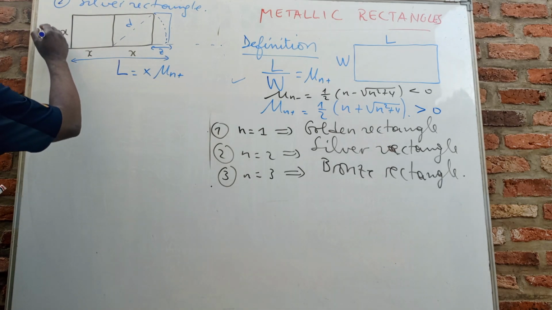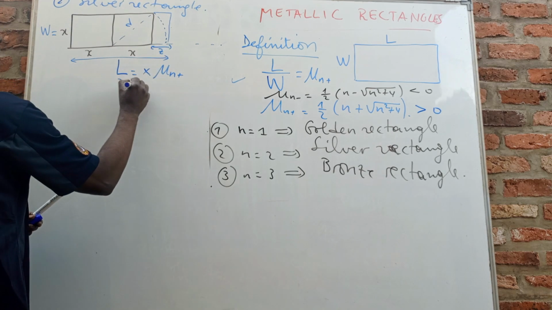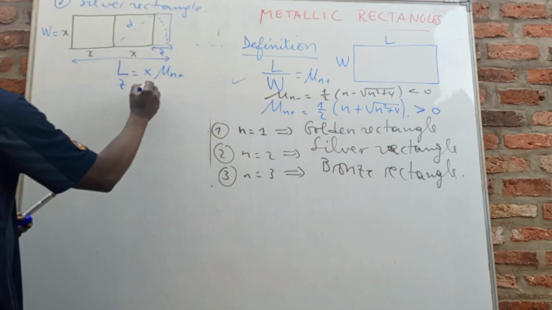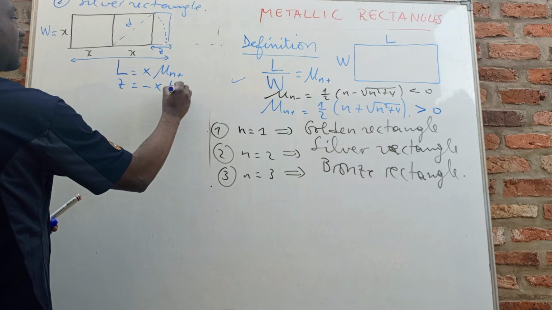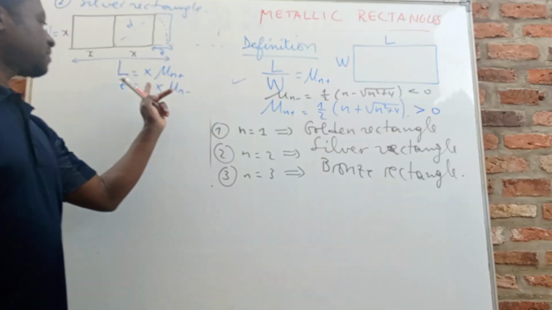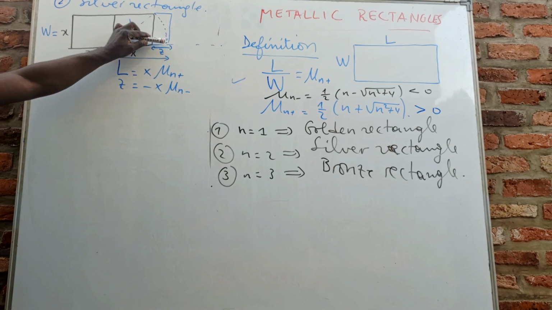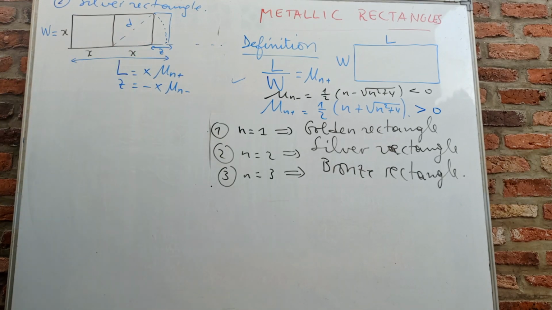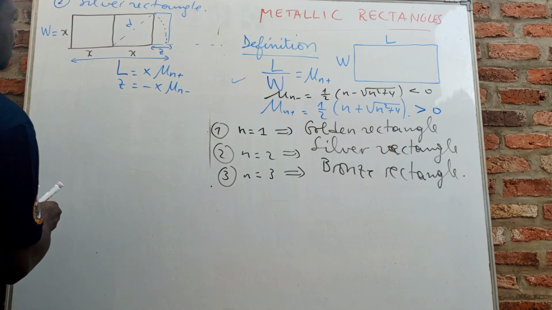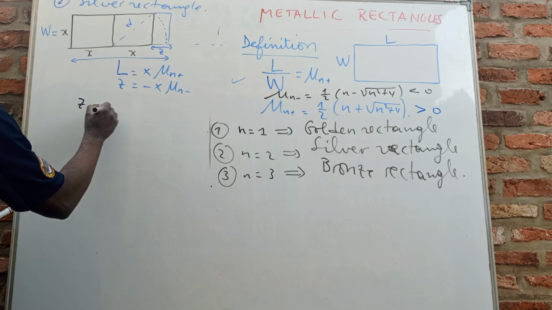And the width we don't need to prove, but this z is going to be equal to negative x times the conjugate. This conjugate is negative. When you change sign multiplied by x, you get this length here. Okay, so first of all, let us prove that z is equal to this value.